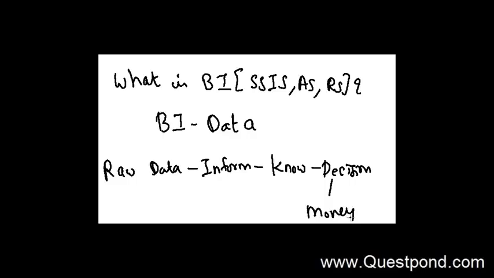So how do we achieve business intelligence? To execute any business intelligence activity, there are three prime steps, or three important tasks you need to perform. The first task is to collect the data. You take data from various sources and dump it at one common place so that you can convert the data into information.